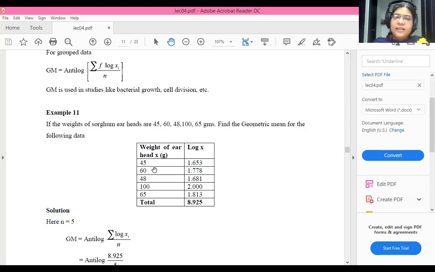Here n is 1, 2, 3, 4, 5, so n is equal to 5. Take the product of 45 into 60 into 48 into 100 into 65, and if you get the value, then just take the 1/5 root of that, and that is your geometric mean. Let's see on the calculator.